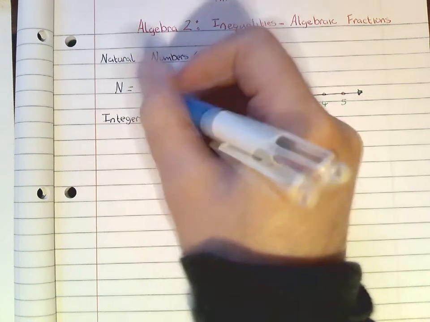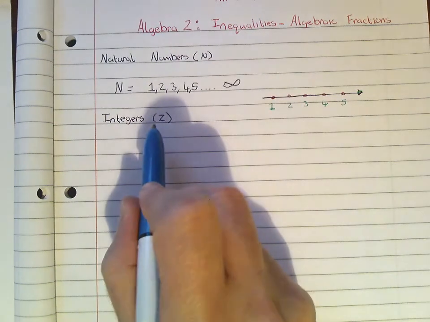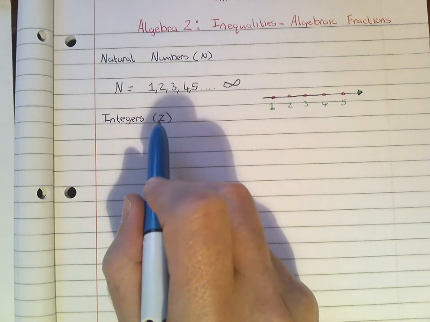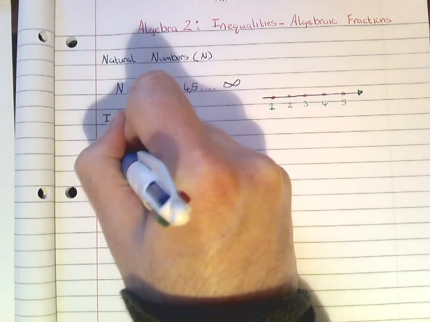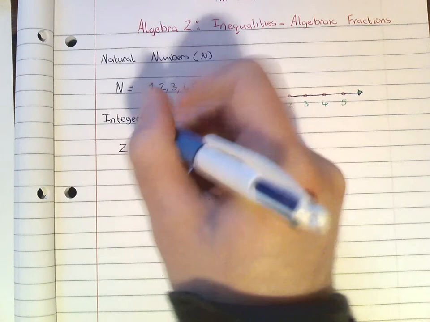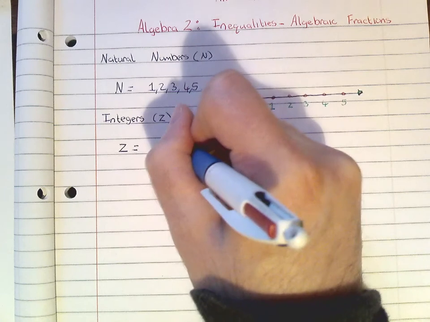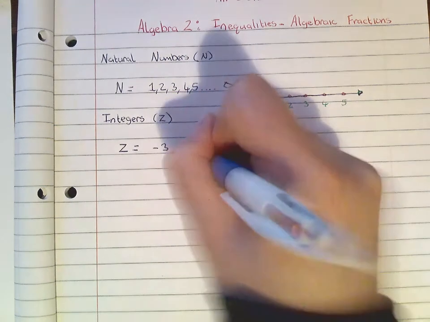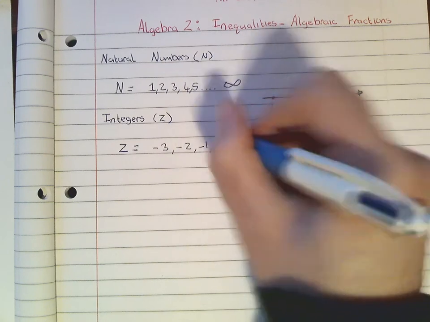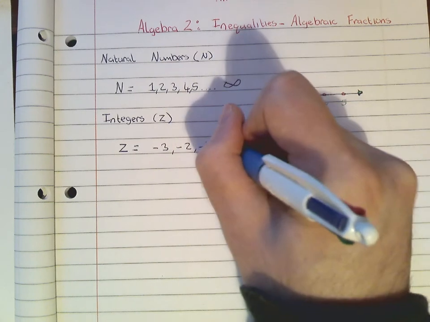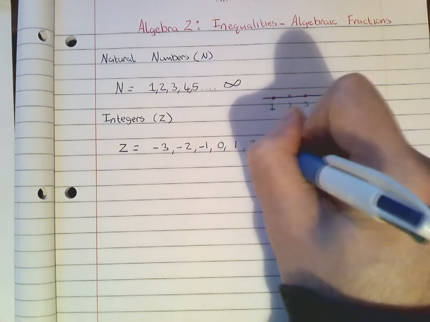Integers are represented by the letter Z. So for example, a set of integers could look like this: -3, -2, -1, then we have 0, 1, 2, 3.